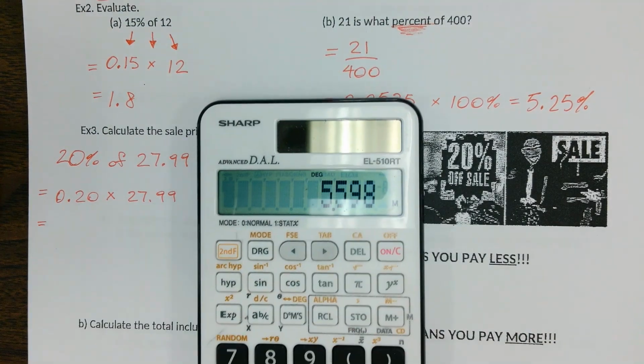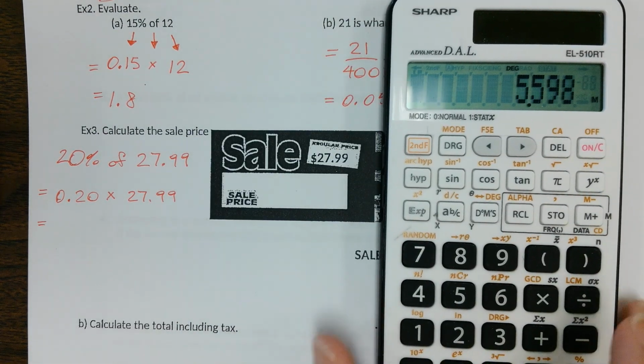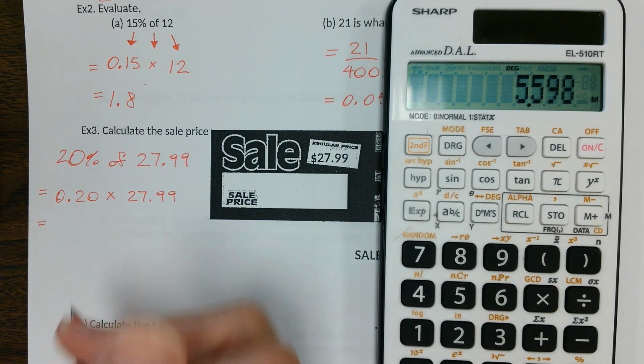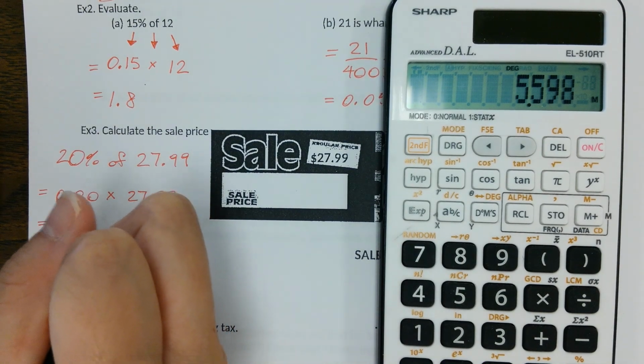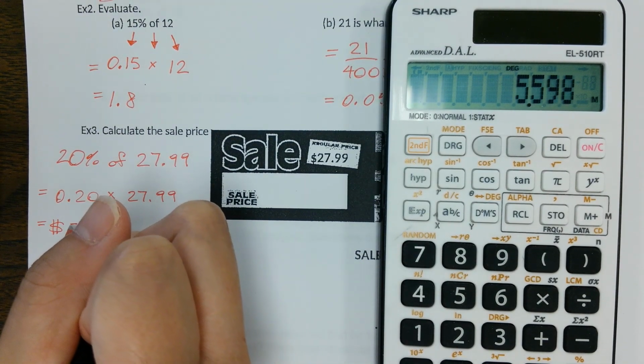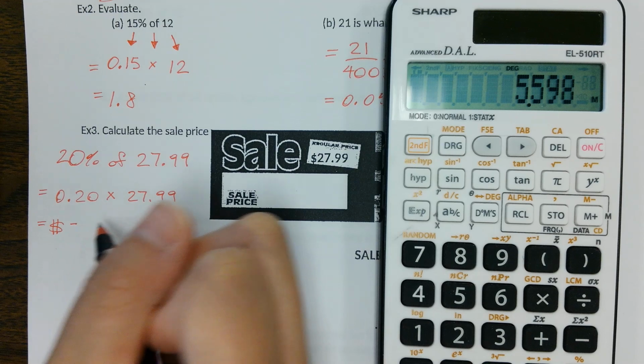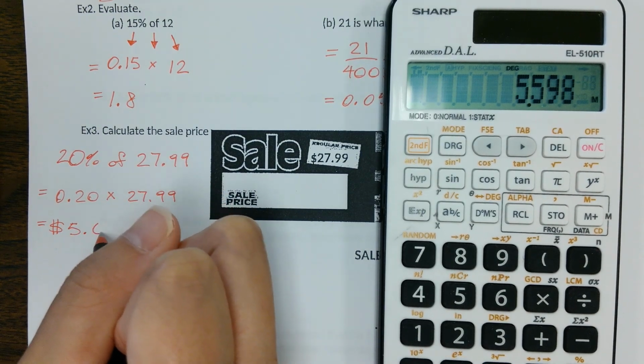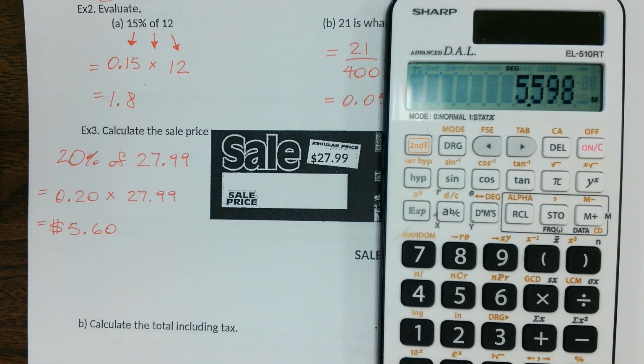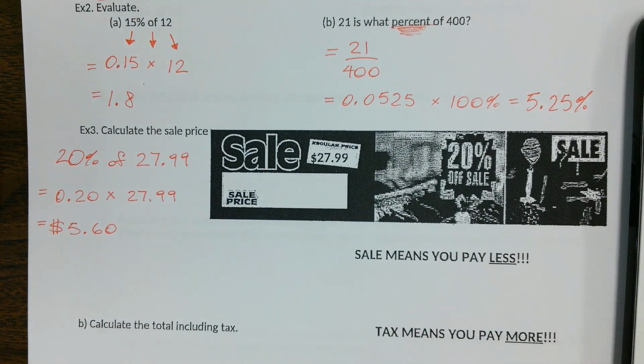I get this. Okay, so 5.60. Woohoo! That shirt is now $5.60.